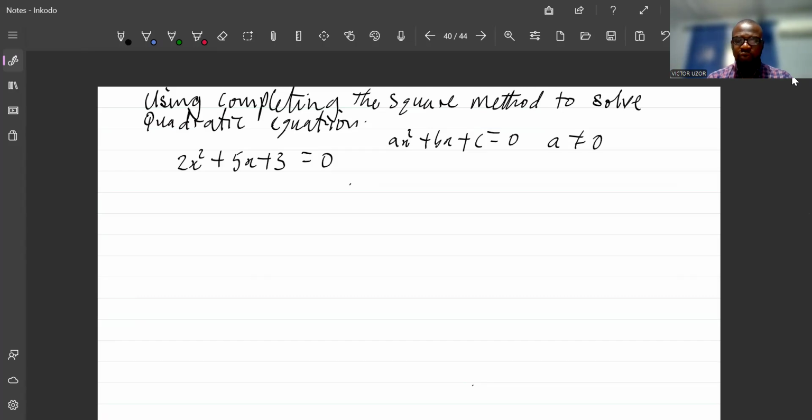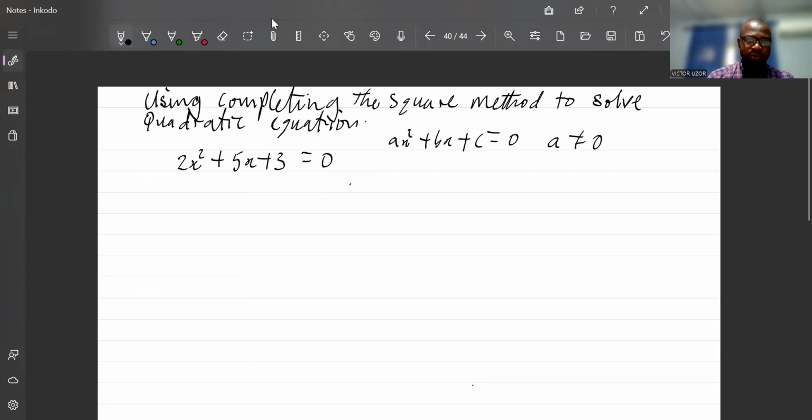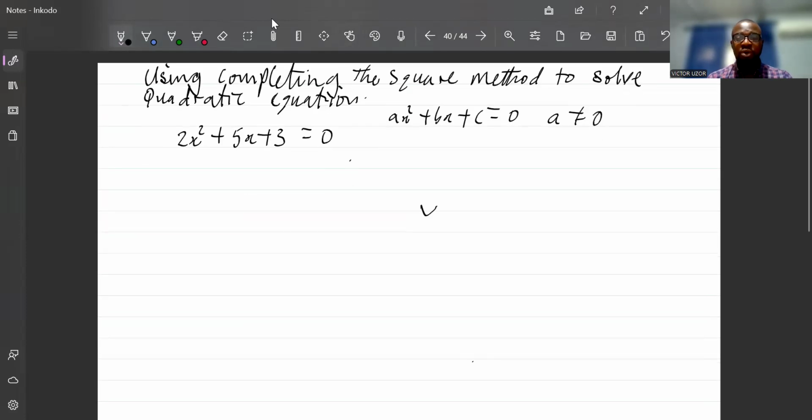So what do you do when you want to use this method? The first thing you do is make sure that the coefficient of x squared is 1. How will you do that? You divide all by the coefficient of x squared. Remember, I told you that a quadratic equation is in this form: ax squared plus bx plus c equals 0, provided that a is not equal to 0.